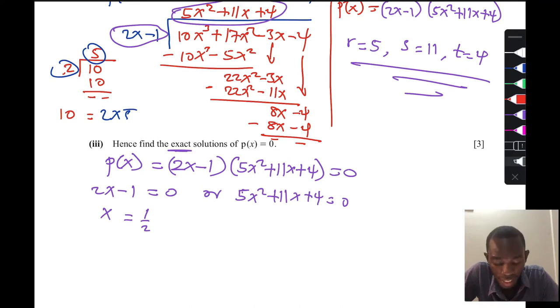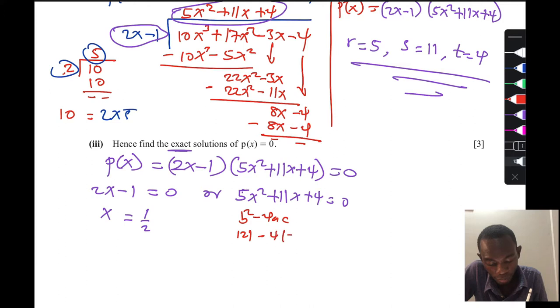First let's check if this quadratic could be solved in the first place. Let's use the discriminant to check that out. That will be b squared minus 4ac. So 11 squared is 121 minus 4 times 5 times 4, where 5 times 4 times 4 is 80.